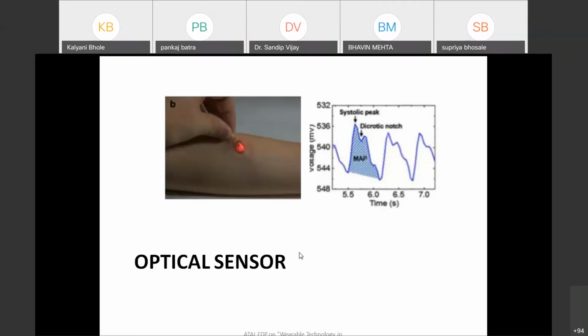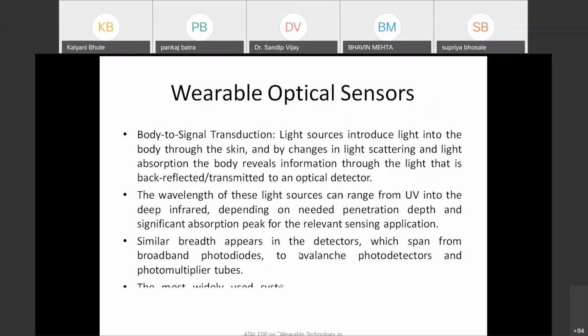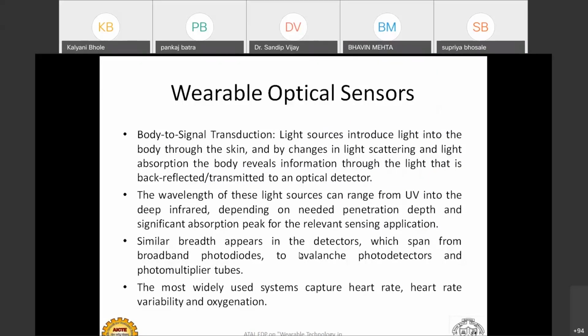But here I just want to give you the working principle of the optical sensor. There is a light source which introduces light into the body through the skin, and by changes in light scattering and light absorption, the body reveals information through the light that is back reflected or transmitted to an optical detector.